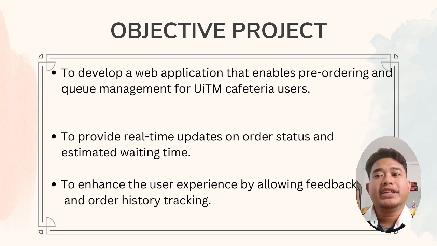And thirdly, we intend to improve user engagement by enabling feedback submission and maintaining an order history. This feature will allow users to track their purchases and provide valuable information.